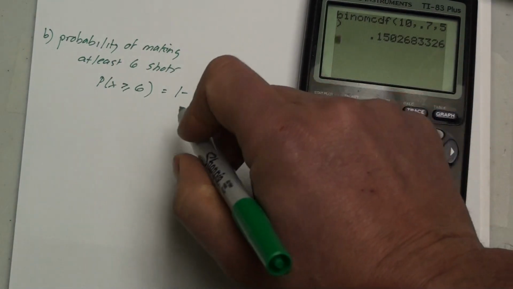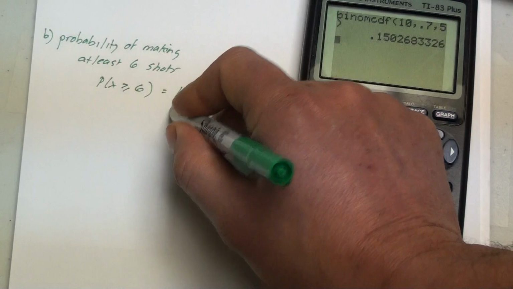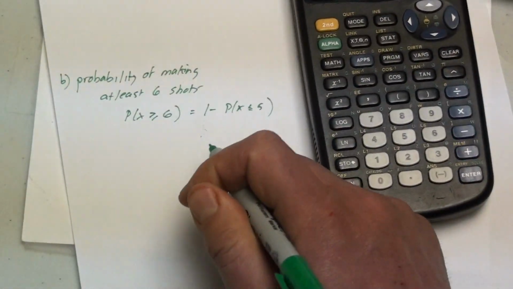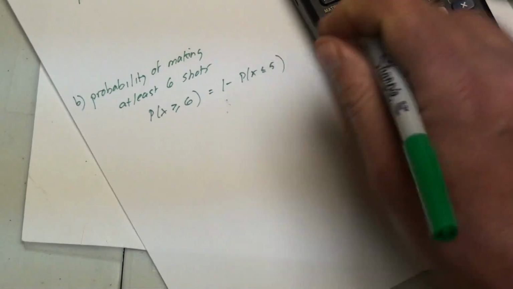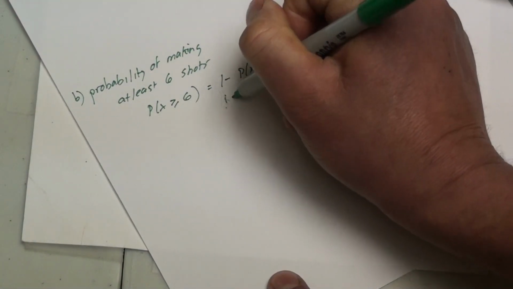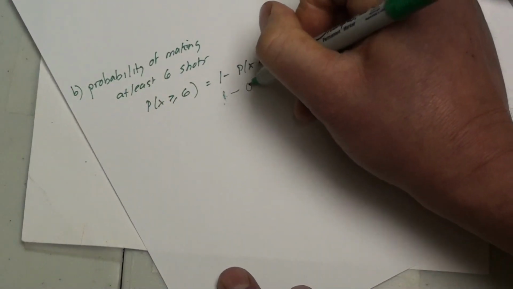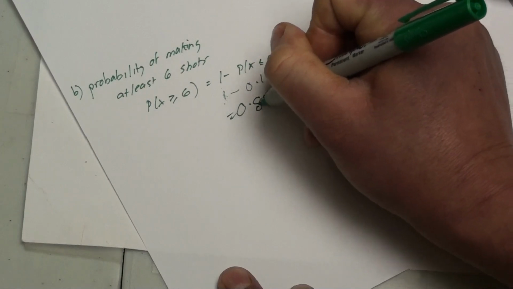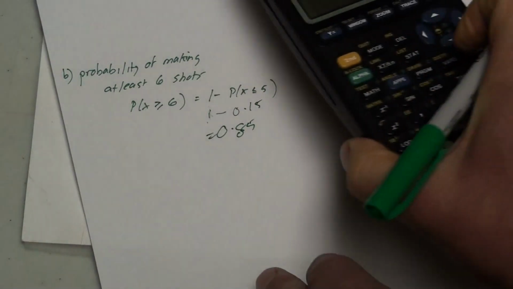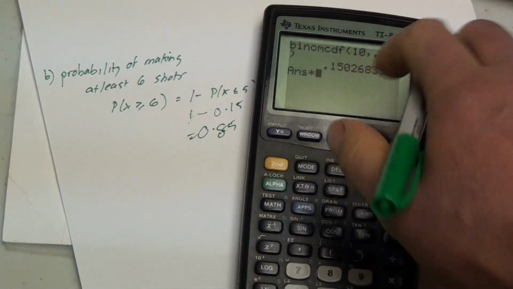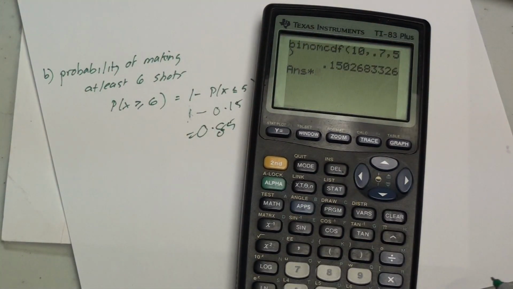So I do 1 minus that 15%, which gives me 85%. The Binomial CDF gives me the less than. If I want greater than, I have to take it away from 100%.